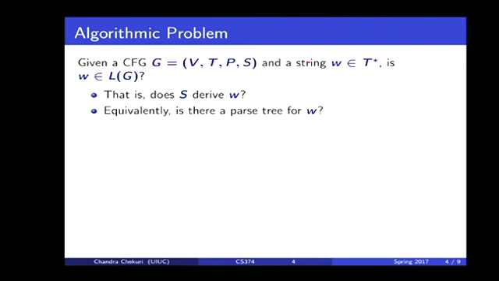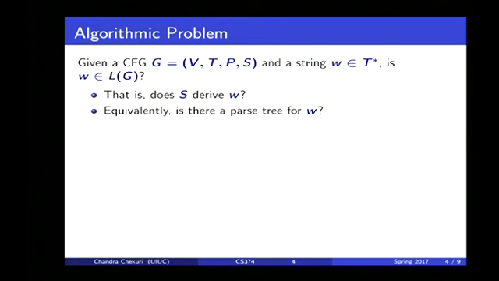So more generally, what is the problem that we would like to solve? It is the following. I give you a context-free grammar, and I give you a string W, and I want to know, does W belong to the language generated by this grammar? Is the algorithmic problem clear?